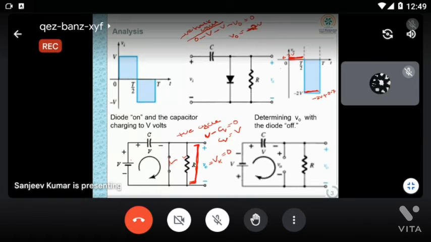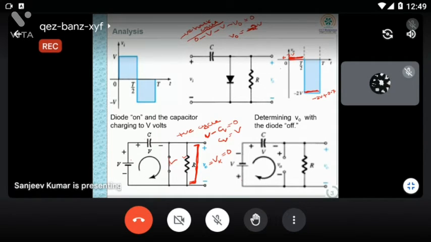Yes, sir. So the same process you have to follow for positive half cycle. What is happening? Remember, in positive half cycle, the capacitor is charged, and whatever voltage you are getting is parallel to the diode. So this is the step for positive half cycle.